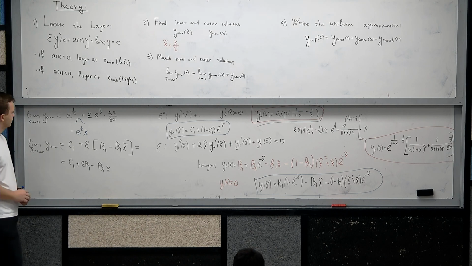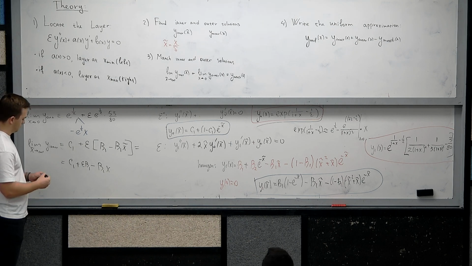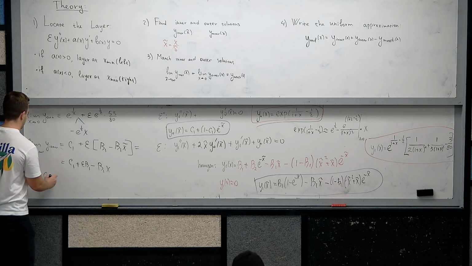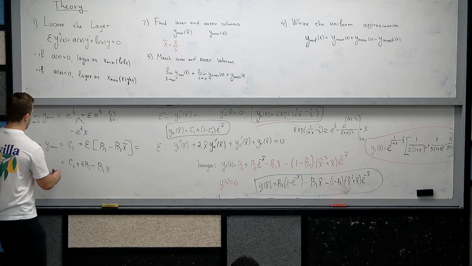Okay. So now we can match. So C1 is e to the 1/2.